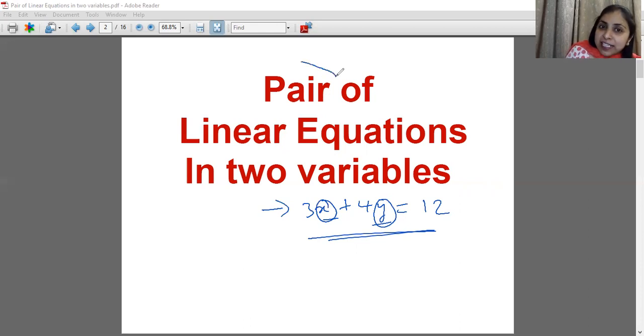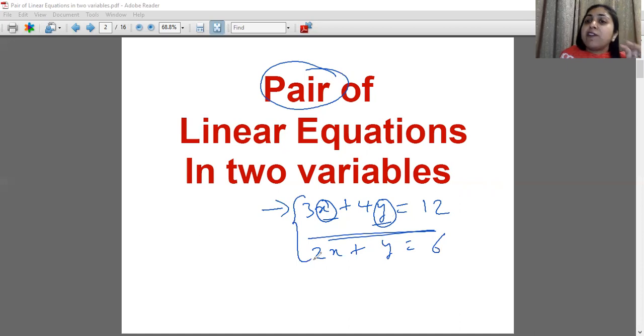So here comes the catch, pair of linear equations, right? Now we are dealing with two equations, a pair of linear equations. Like if this is an equation and I am writing here some equation of this form. Now this pair of linear equations becomes a system of equations.